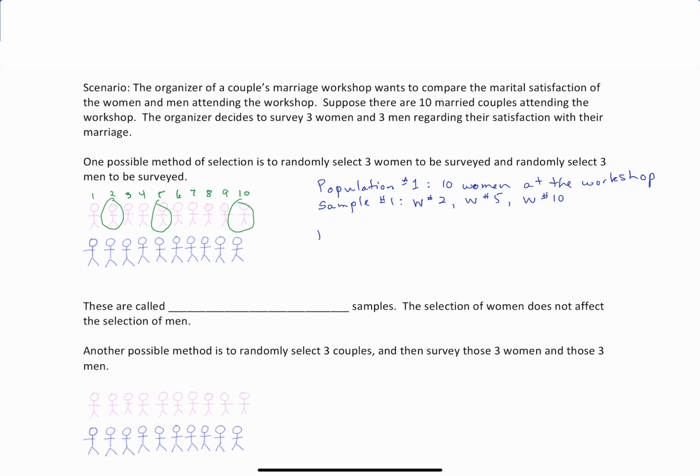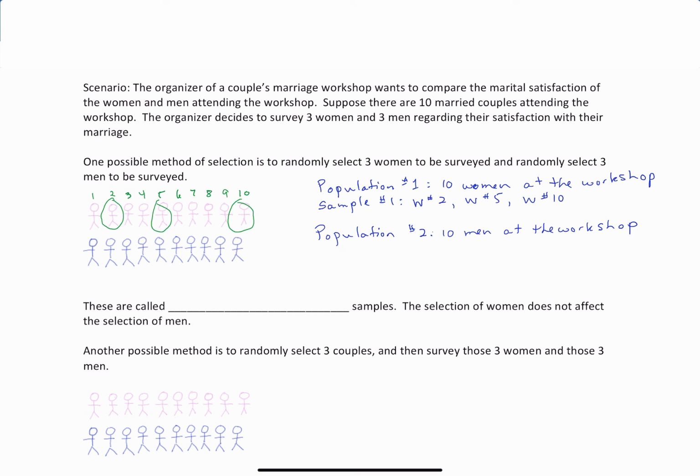Now we go to population number 2, which is the 10 men at the workshop. And we randomly select 3 of them.